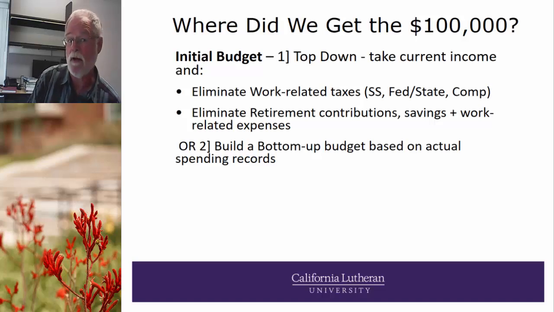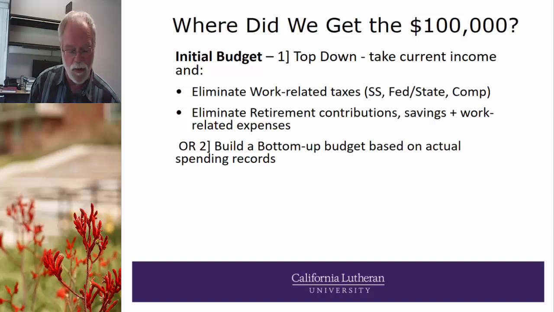Those can be fairly significant. There's other things that you're going to be taking out of the equation as well: retirement contributions and any work-related expenses, lunches, clothes, travel, as well as any additional savings, because now the client is going to be in a dis-saving mode.